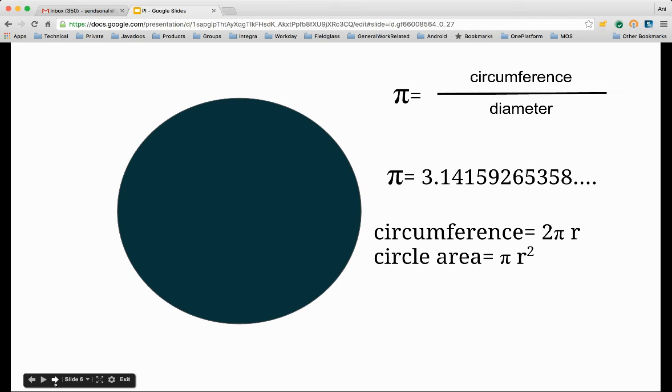The calculation for the circumference is equal to 2 pi r, which is 2 pi times the radius. The equation for a circle area is pi r squared. So that's pi times the radius to the power of 2.